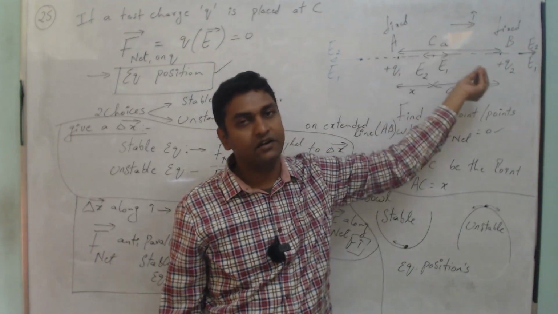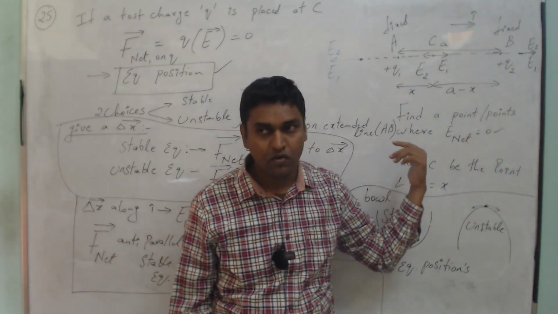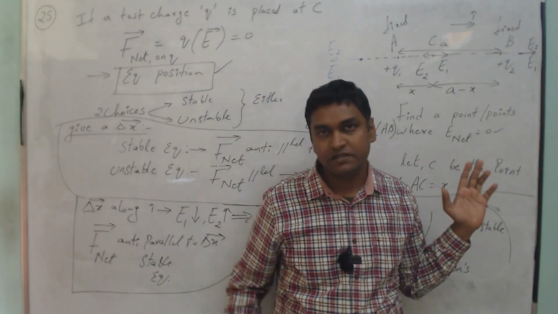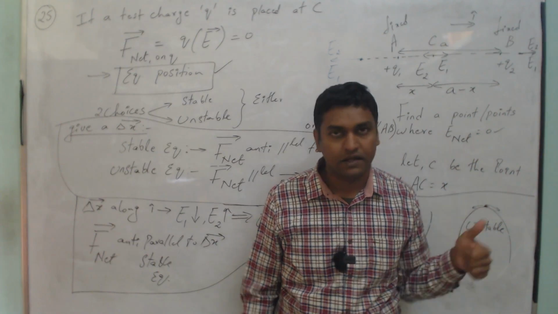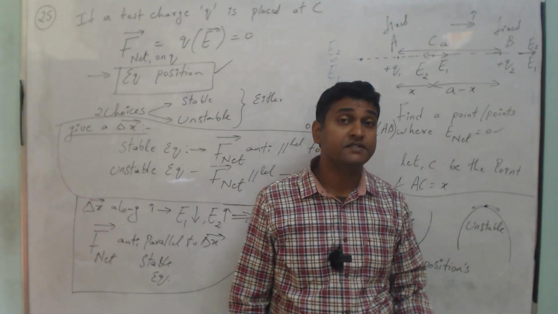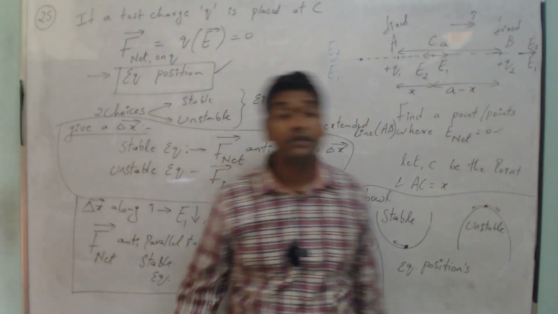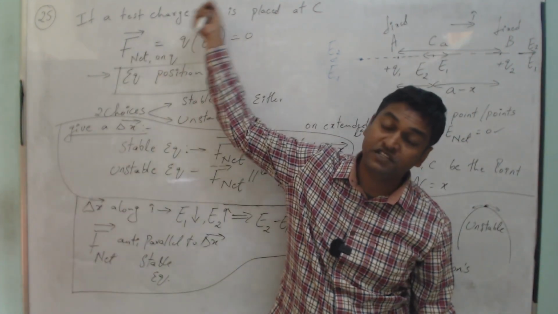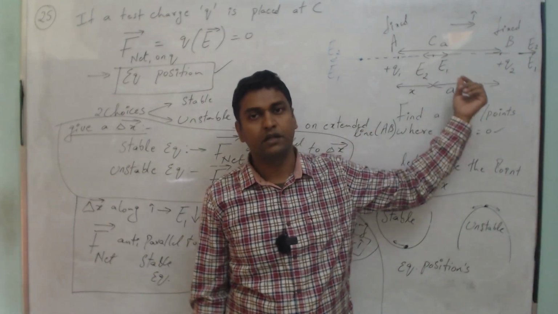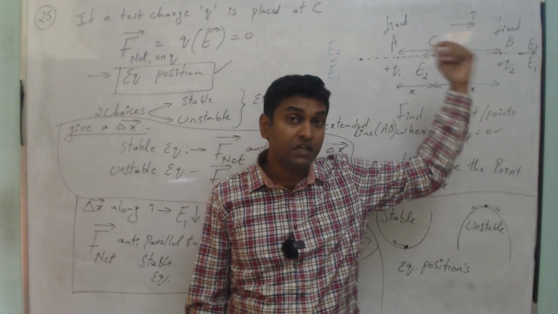The net electric field there should be 0, therefore E1 is equal to E2. Therefore, x is equal to a by 1 plus root of q2 by q1. Correct? The next part of it is, because the net electric field is 0, I can also say that if a test charge is placed, the net force is 0 at that point. That means that position will become an equilibrium position.